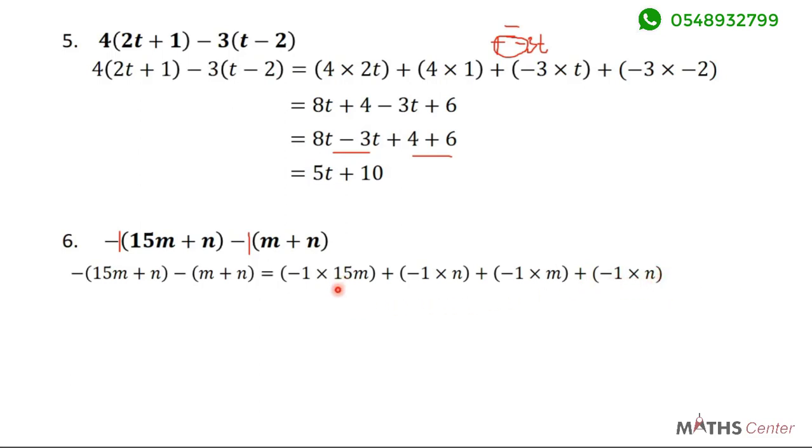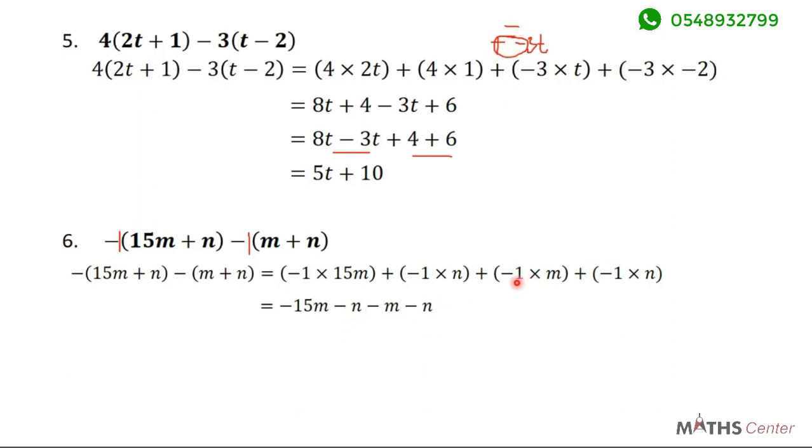Now let's deal with what is in the bracket. Minus 1 times 15m is going to give us minus 15m. Now minus 1 times n is going to give us minus n. So we have plus here and we have minus here. As I said, whenever you have plus and minus meeting like that, the whole thing changes to minus. So you are going to get minus n.